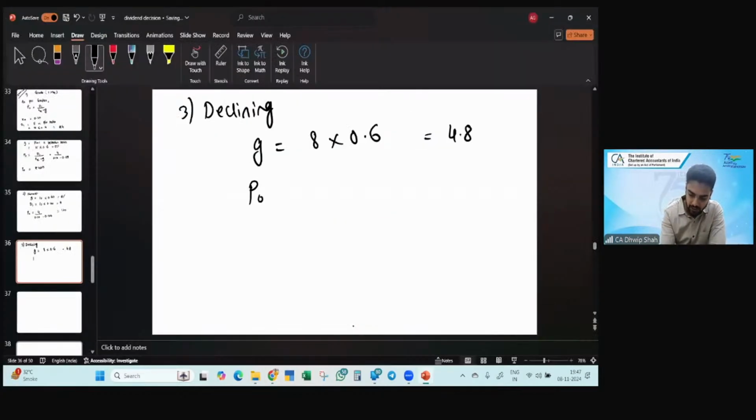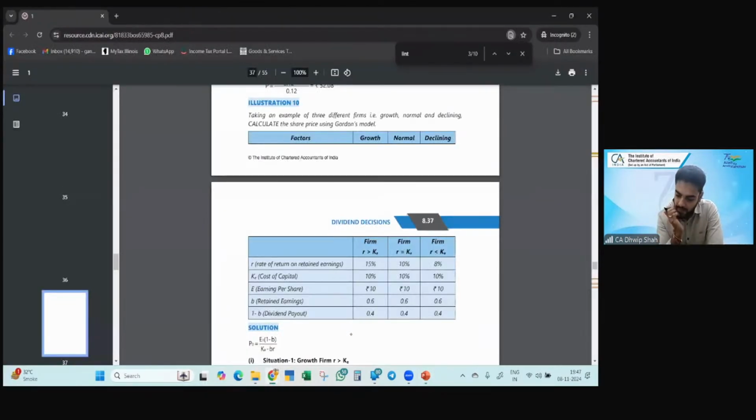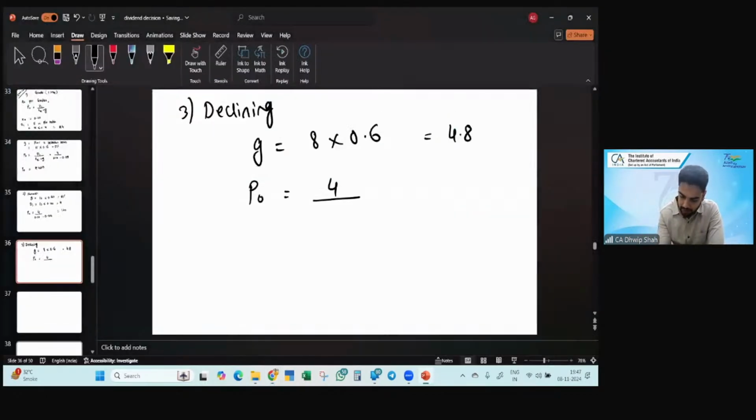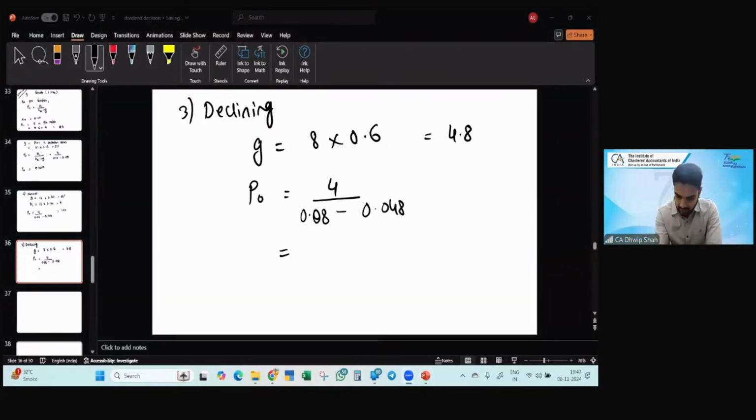So my P0 in that case would be 4 upon KE is 0.08 minus 0.048. 4.8% is written as 0.048. So it is 76.92.